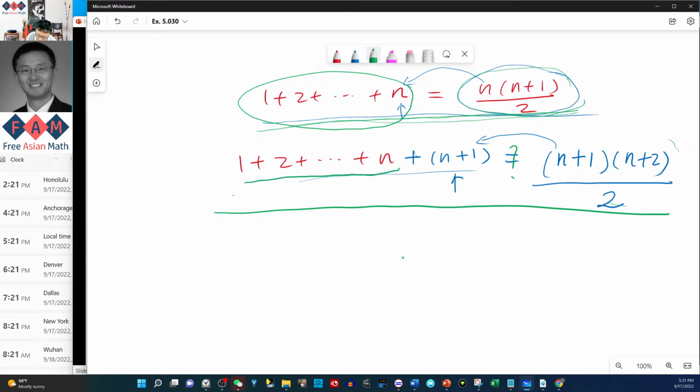Essentially we will use the earlier result, n times n plus 1 divided by 2, because we know this is exactly the same as 1 plus 2 plus up to n. Now we want to add one more, which is the next number, n plus 1. We want to ask whether this is true, plus 1.